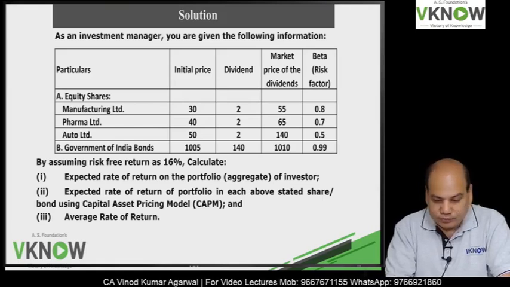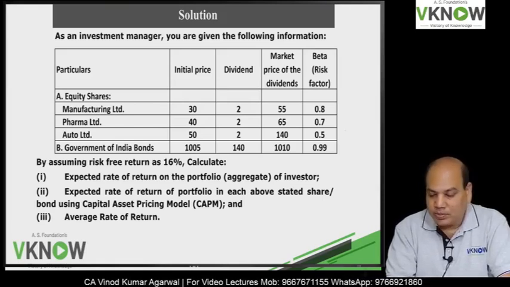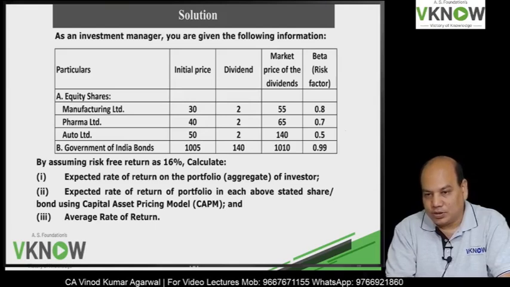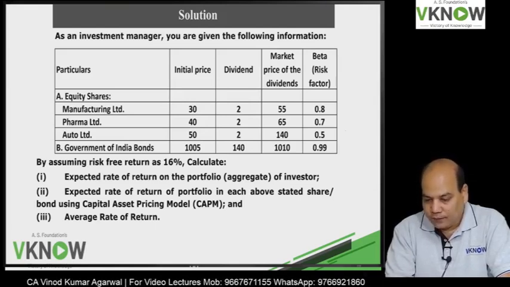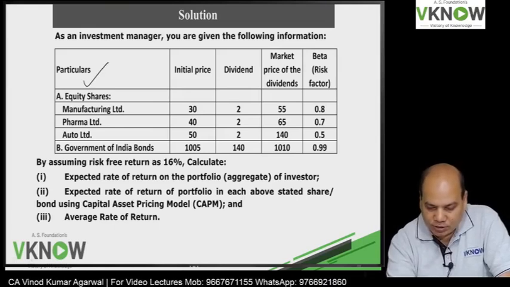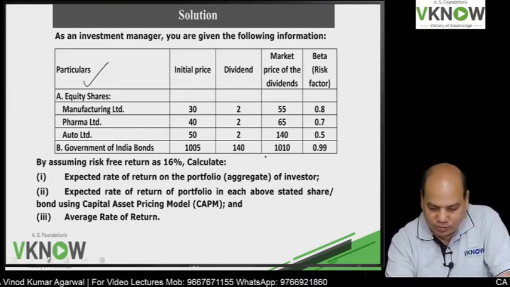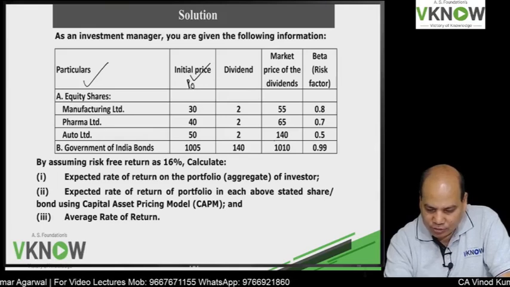Question number 5. As an investment manager, you are given the following information. So there are 5 columns. Particular, price in the beginning, let us call it P0. Dividend, let us call it D1.